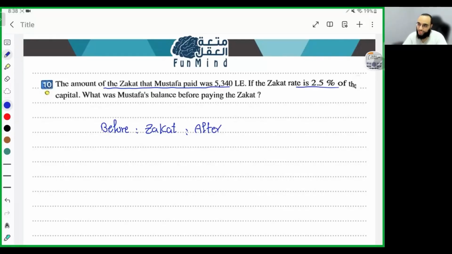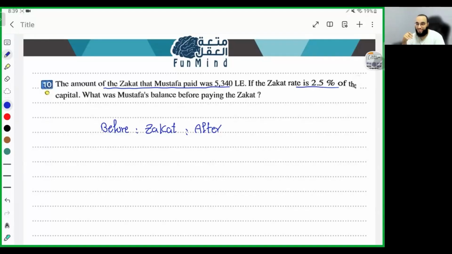Decreasing. But it is increasing your good deeds. If you are doing a good thing, such as paying zakah or sadaqah, this is a good deed. So it's decreasing your money, but increasing your good deeds with Allah.